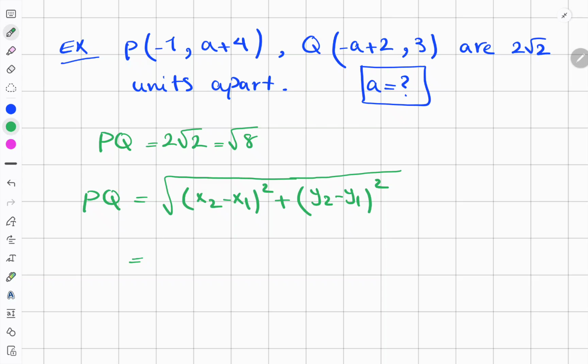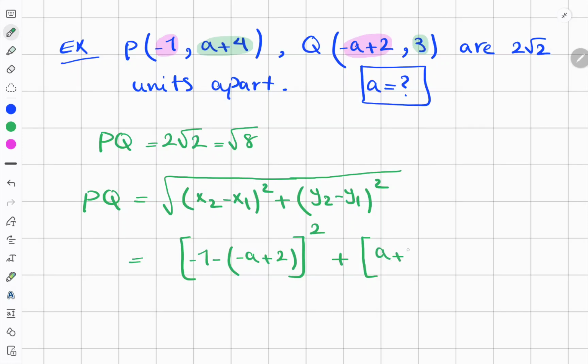This is the x coordinate of P and this is the x coordinate of Q. So negative 1 minus (negative A plus 2) squared plus A plus 4 is the y coordinate of P, and for Q it is 3.